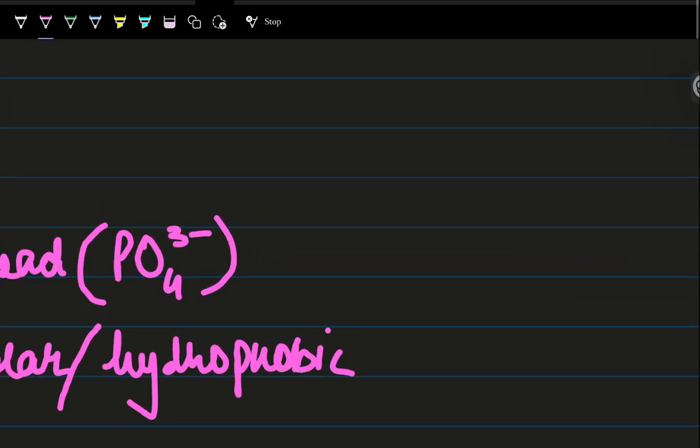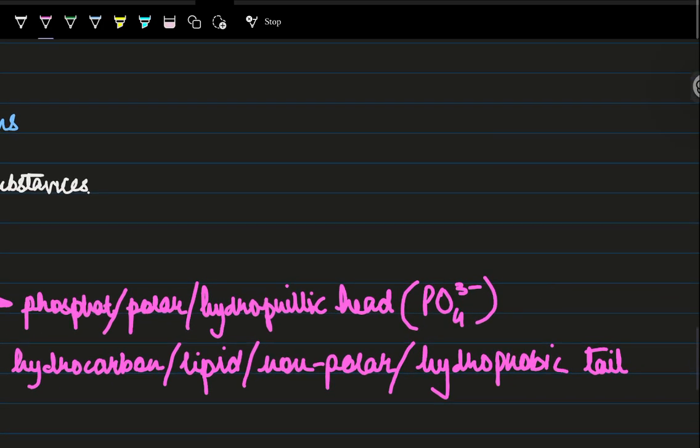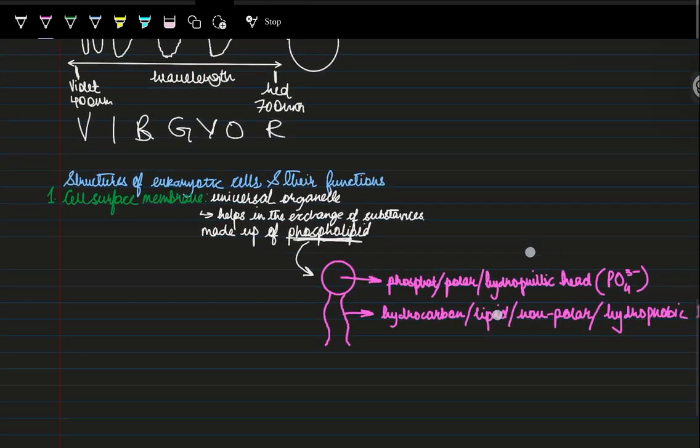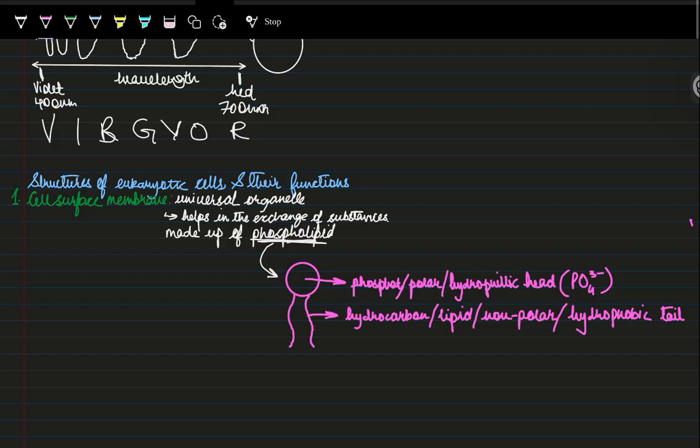Hydrophobic means it does not like water, and hydrophilic means it loves water. So the phospholipids form a bilayer.